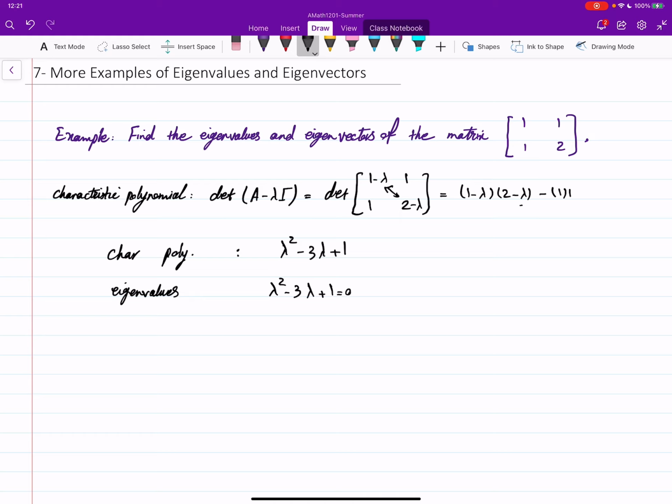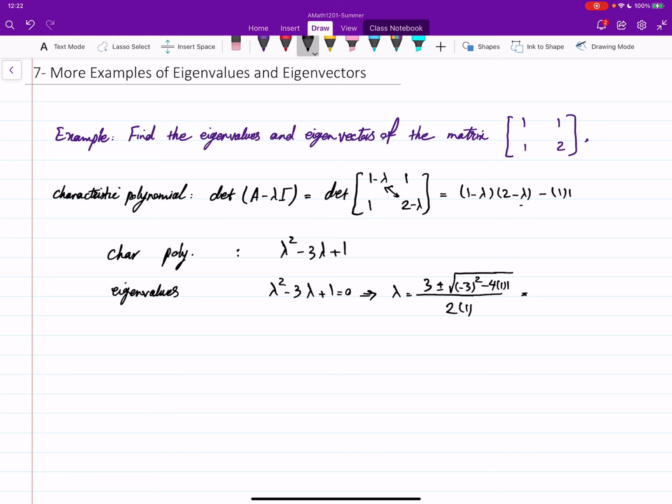Well, this is a quadratic equation, and I cannot decompose it easily, but to solve it, I can use the quadratic formula. Minus b, here is 3, plus or minus root of b squared minus 4ac, divided by 2a.